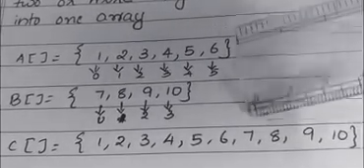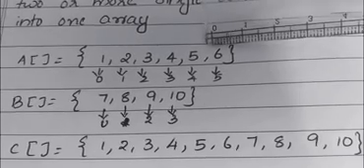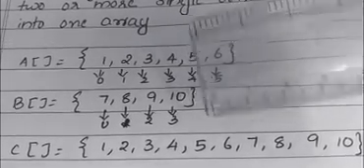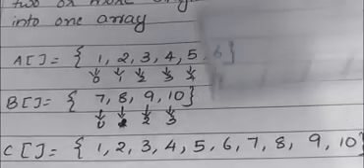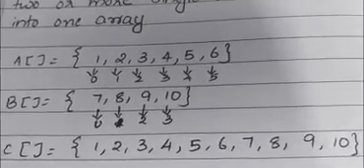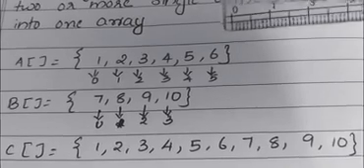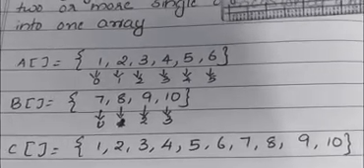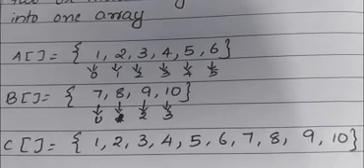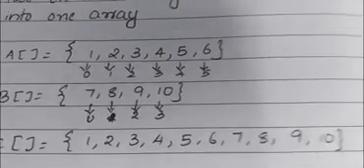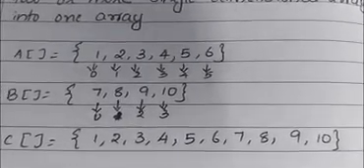We have combined the elements of the first array and the second array and put all the elements in a single dimensional array. This is what we do by the merging process. I hope this is clear to you. So this is the merging technique.